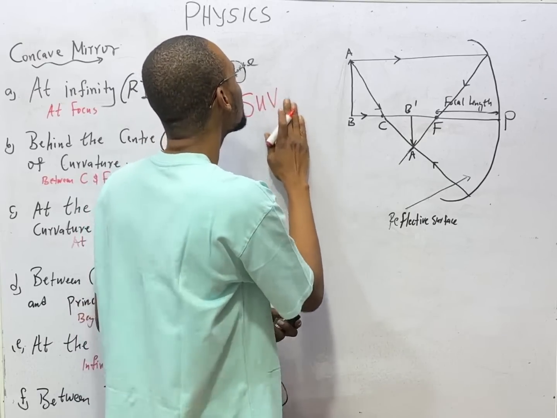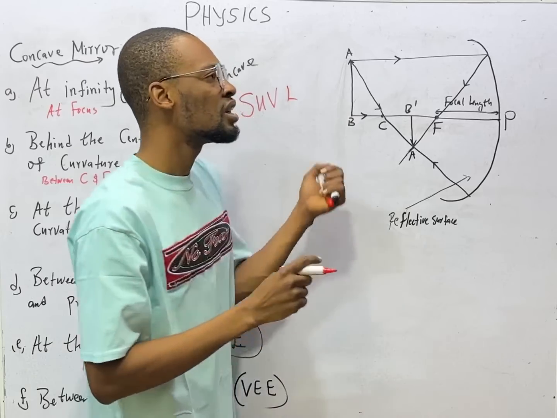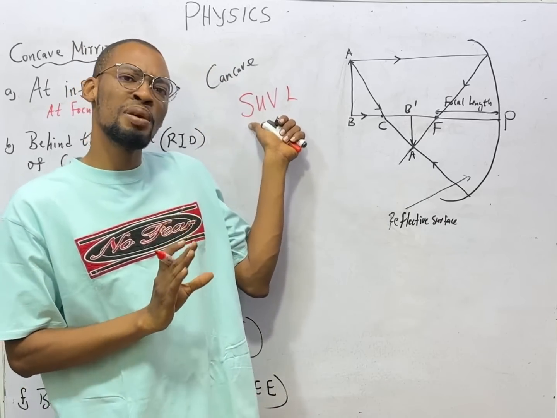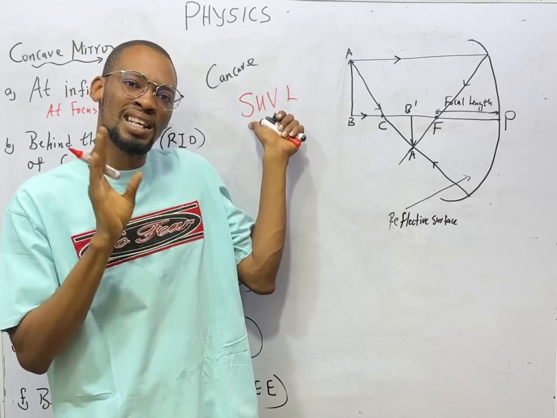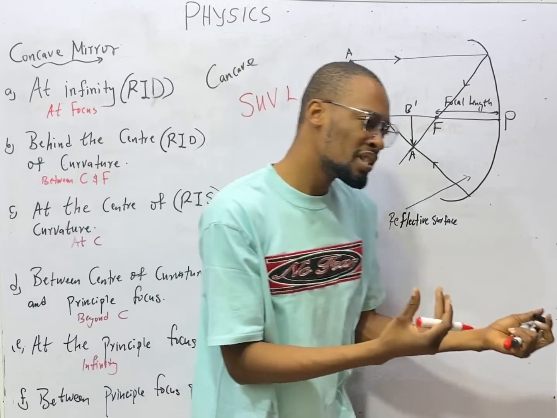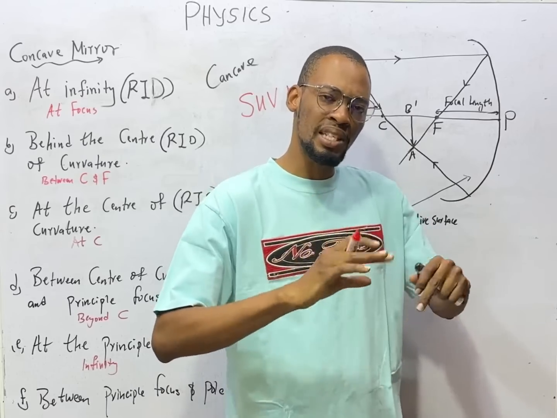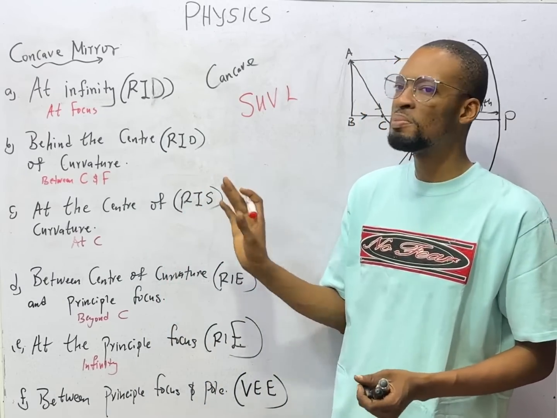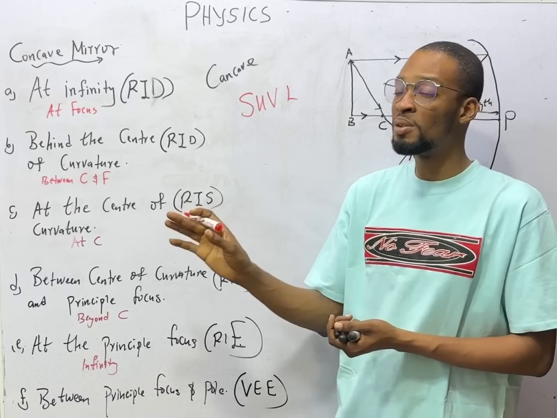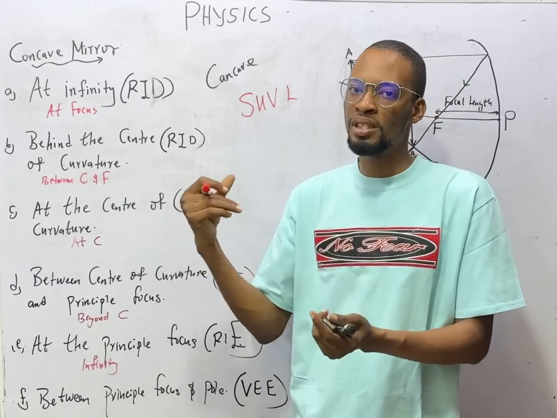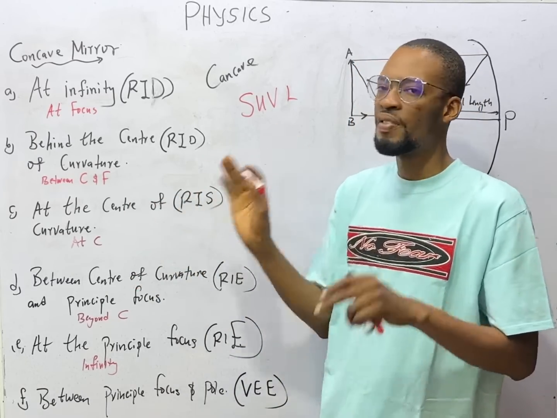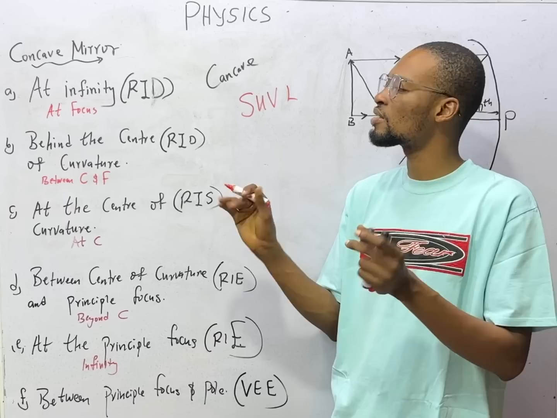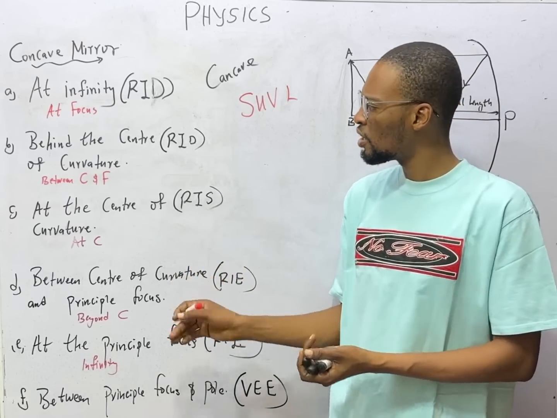or you say SUVA. S means the images are the same size as the object. So whatever the size of the object, that is the same size of the image. Plane mirrors don't produce bigger images than the object. So the object and the image are the same size irrespective of the distance of the object from the mirror.